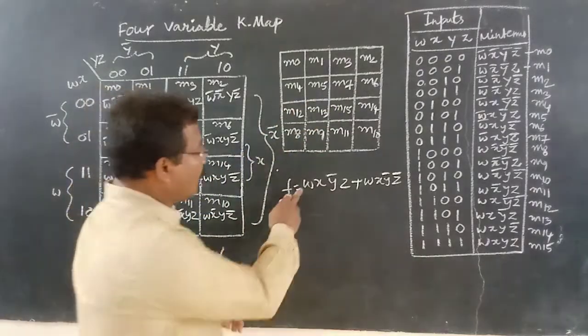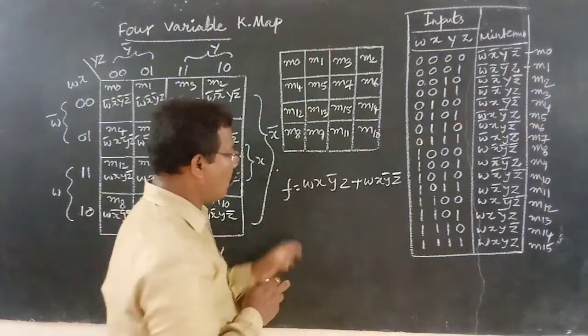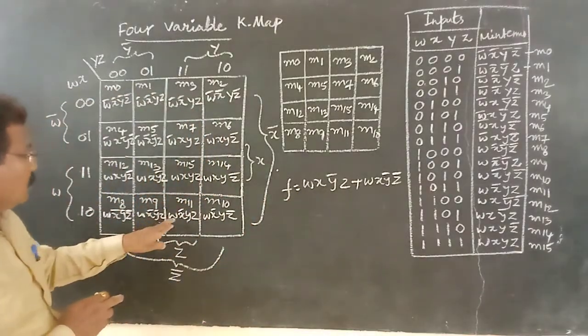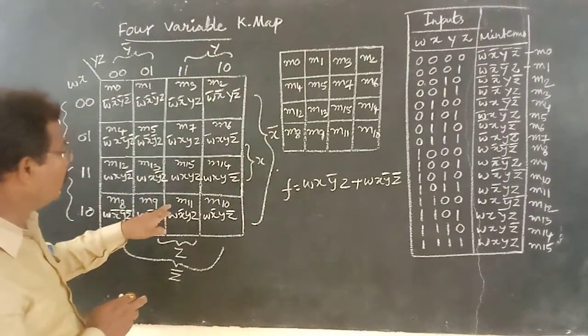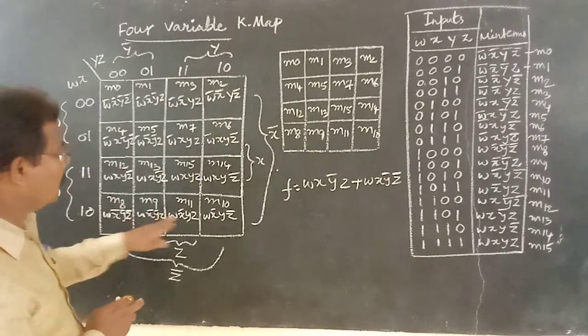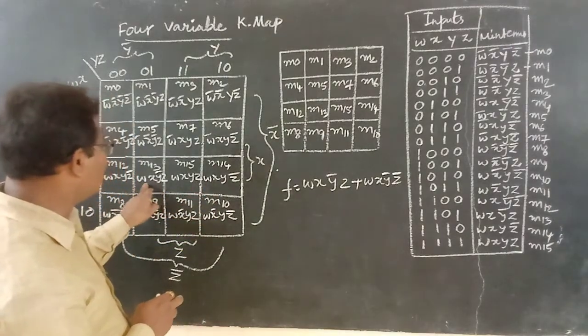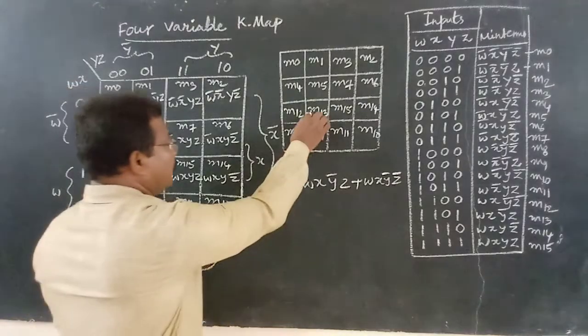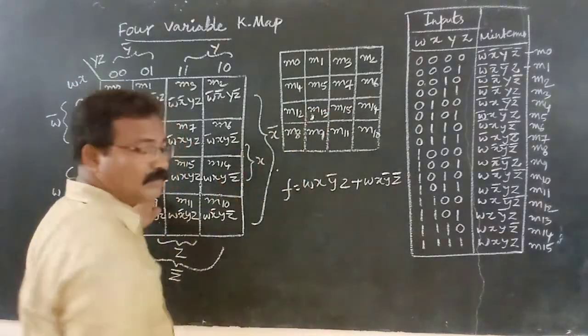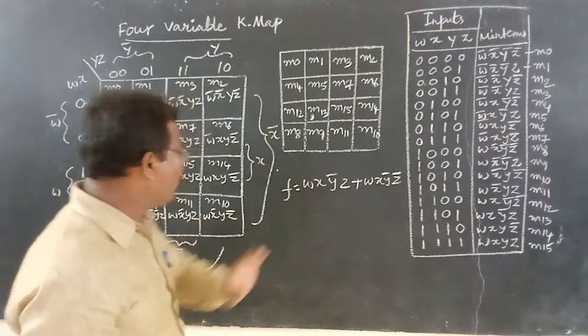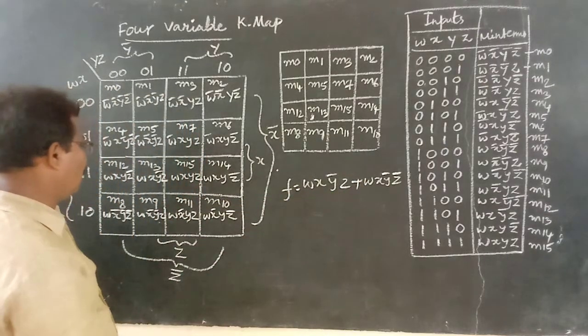Here, W X Y bar Z is this cell, and this is 1. And W X bar Y bar Z bar.